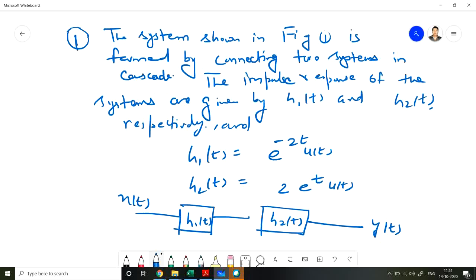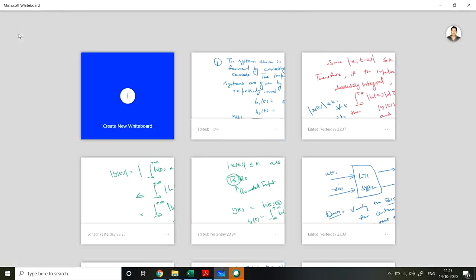So h1(t) and h2(t) are basically in cascade. So let us do this problem. So what is the question?